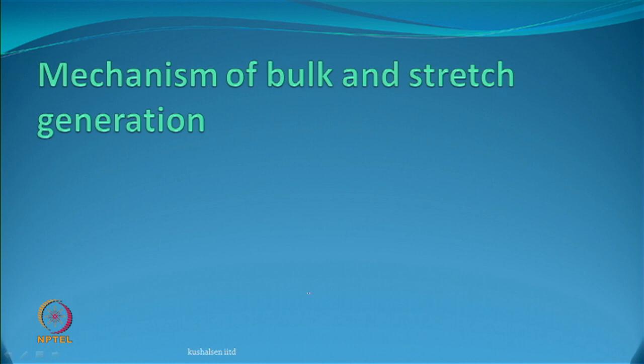So, let us say now we understand what is setting, and now we understand the twist texturing process. So, how this bulk is generated and stretch is generated. So, you have something in your mind, a picture. Let us see if this picture is okay.